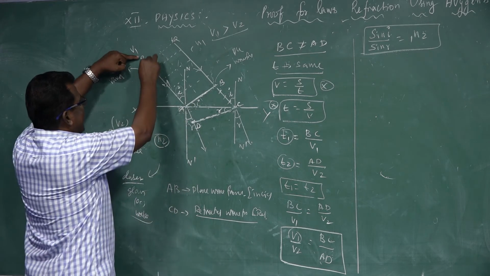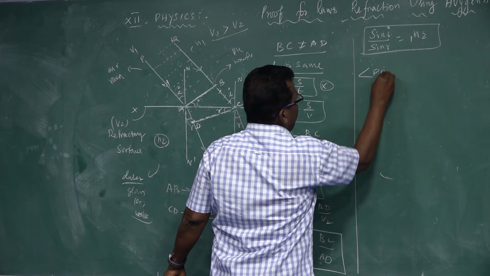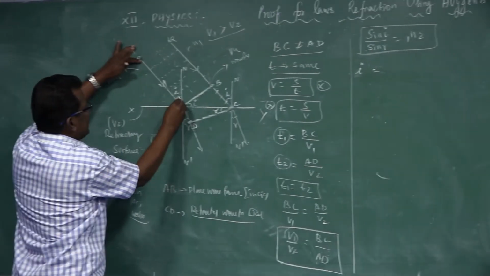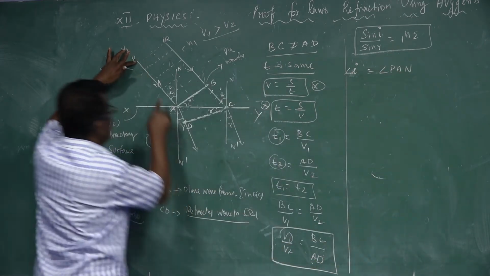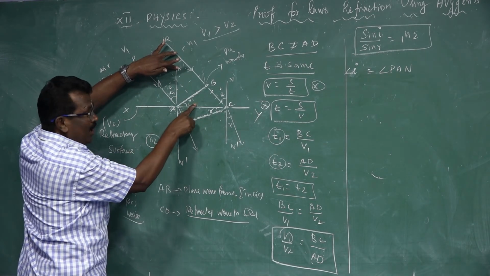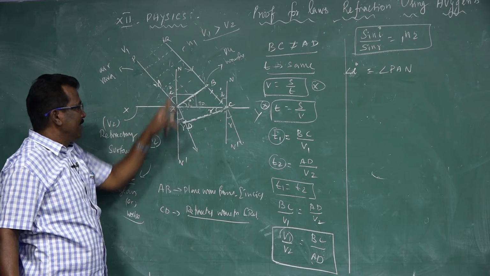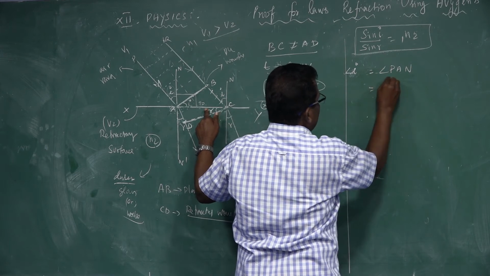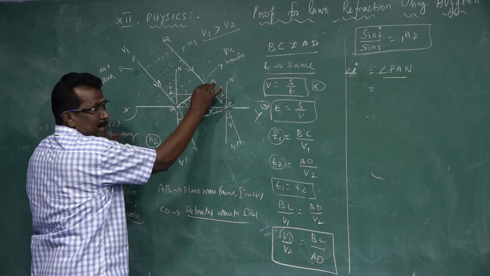How? See, in this, the angle PAN is equal to i. Angle i is equal to PAN. How do we correlate? The angle between the normal and the surface is 90. So PAN is equal to 90 minus NAB.